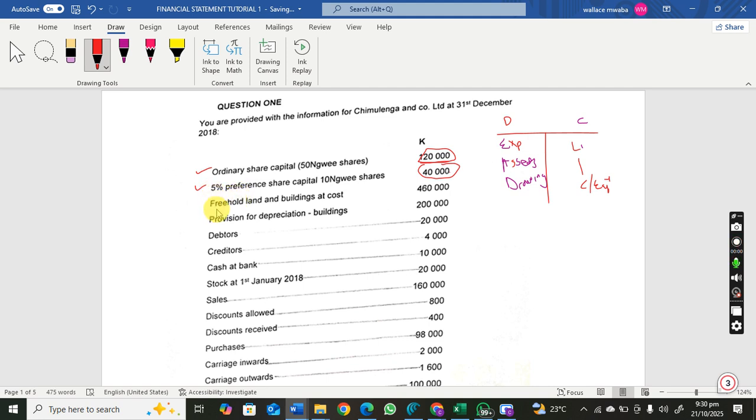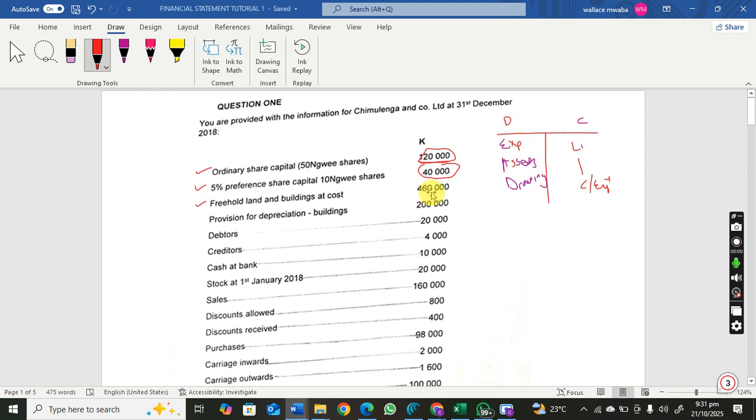Next, we have land and buildings at cost. So this is a non-current asset, an asset which you can keep for more than 1 year. So assets go on the debit side.